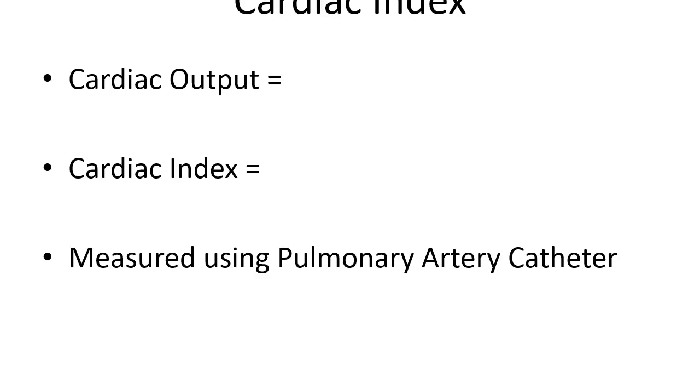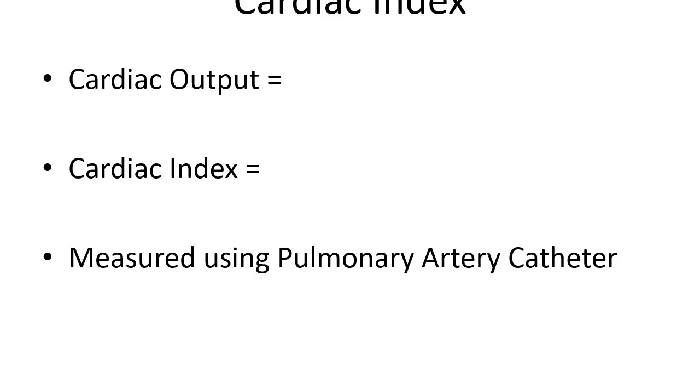So what the pulmonary artery catheter does is it calculates cardiac index. And it takes something called body surface area, which is a calculation I will never ask you to do, and which is a calculation involving square roots and all kinds of stuff with your height in centimeters and your weight in kilograms. And it will end up calculating your cardiac index, which is your liters per minute, cardiac output, per square meter.